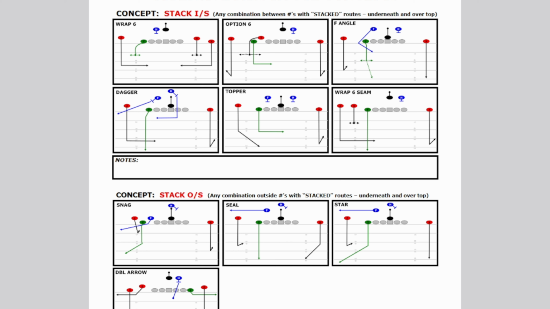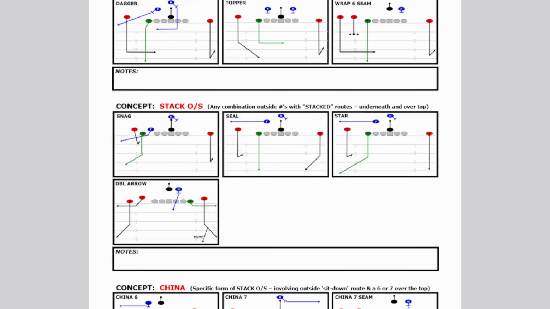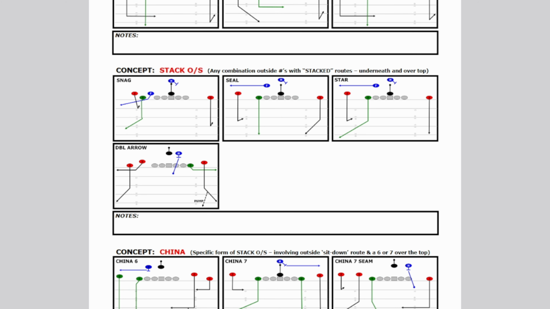All right, so the outside stack is basically the same idea, except we're going outside the numbers, and it's two players on the same side. You don't really see this a whole lot. The one thing you need to understand is that usually this is talking about number 1 being a deeper route. This isn't necessarily number 1 running a short route. I don't like this example here, snag.